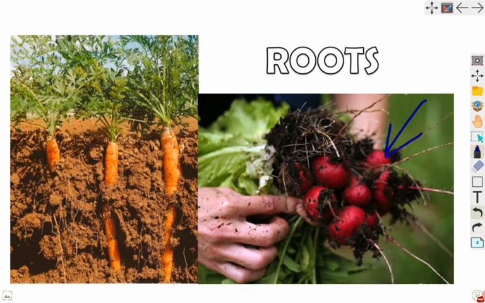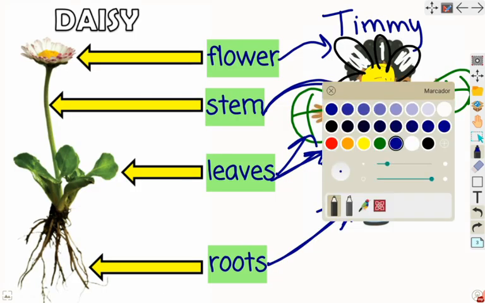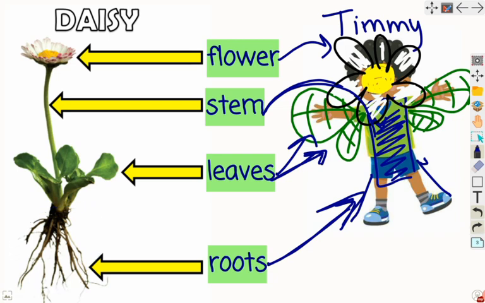The radishes are roots as well. Did you know? You're eating root. So you go to the kitchen, you take a carrot, you eat it, and it is a root. And when you eat a radish, you're eating a root.